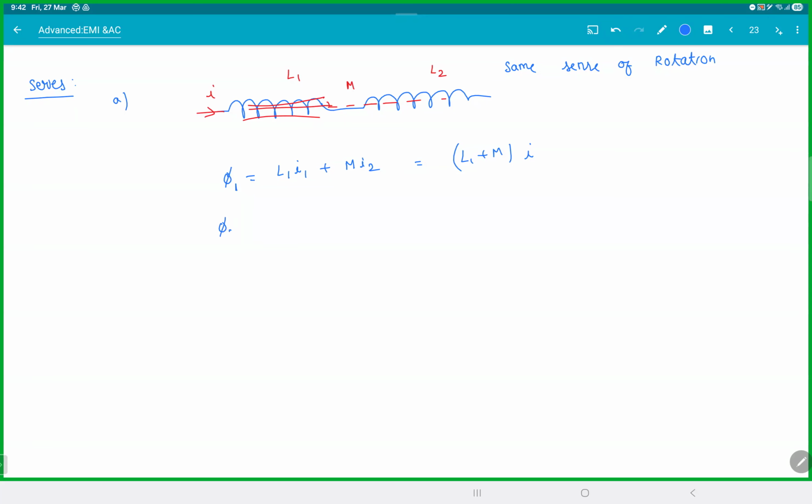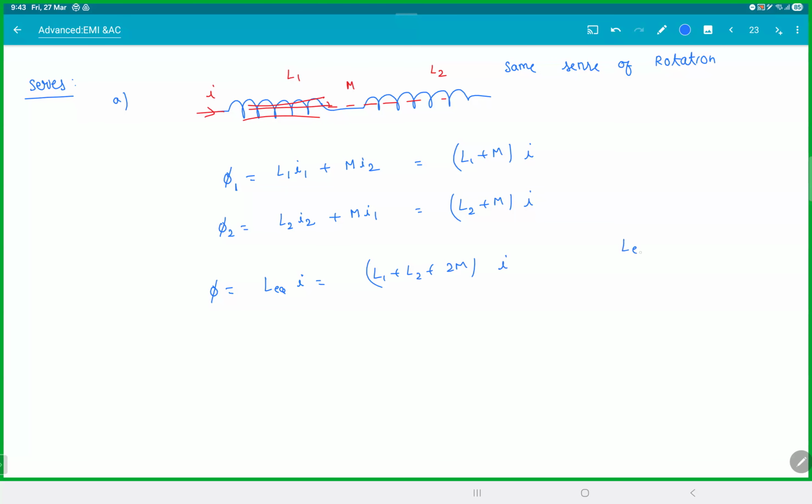Similarly, the flux 2 will be L2 I2, the flux due to your own self-inductance, plus mutual inductance M into I1. The flux due to mutual inductance is due to the other current, the self-inductance is due to your own current. Again, this will be L2 plus M into I. So the total flux on the system must be equal to L equivalent into I, which would be L1 plus L2 plus 2M into I.